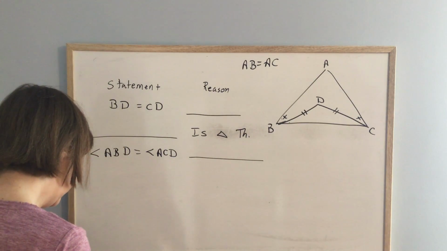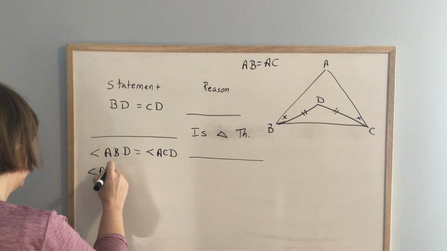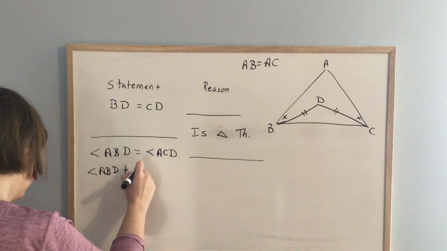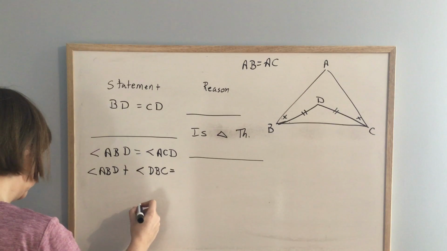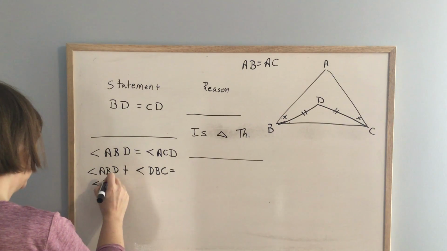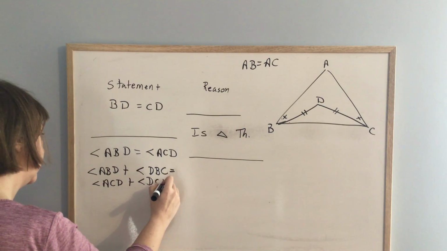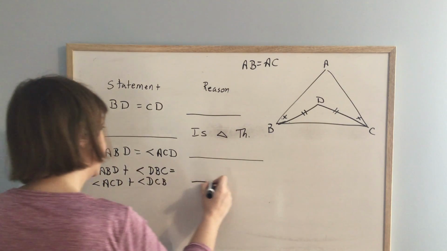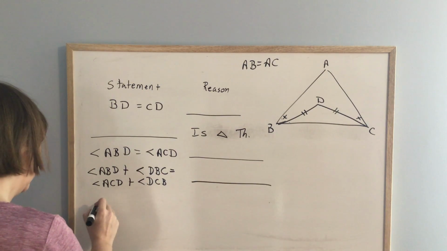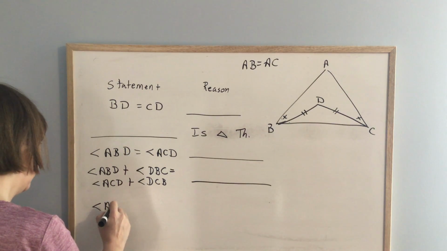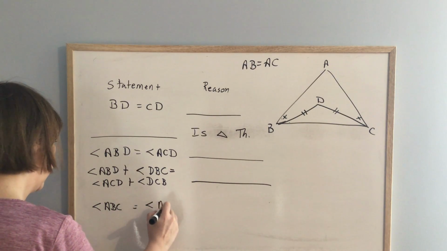And then they make a really long statement. Angle ABD plus angle DBC is equal to angle ACD plus angle DCB. And again, they want a reason why you can say that. And then angle ABC is equal to angle ACB.